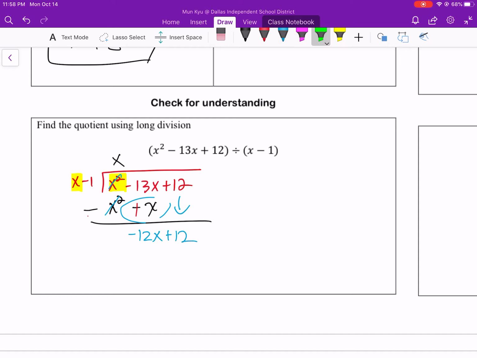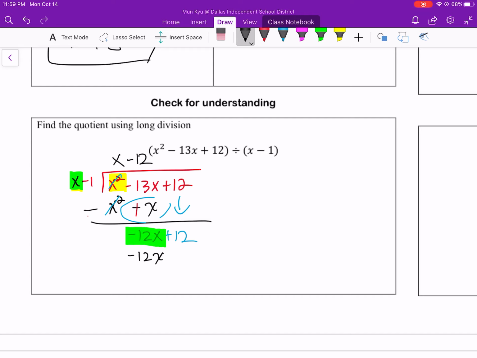Next, we are going to match up this negative 12x and this x here. So let's do this. If you want to match up negative 12x and x, you have to multiply by negative 12 here. So it's that easy. Negative 12 times x is negative 12x.